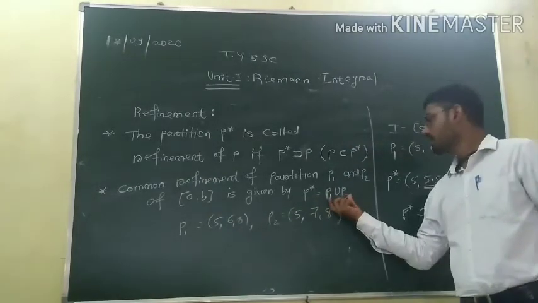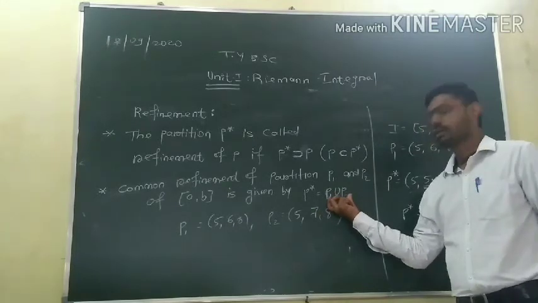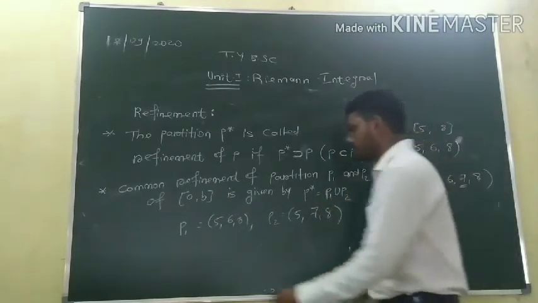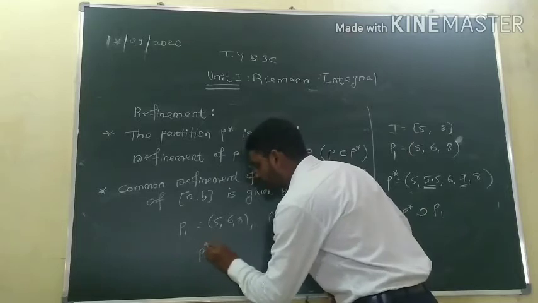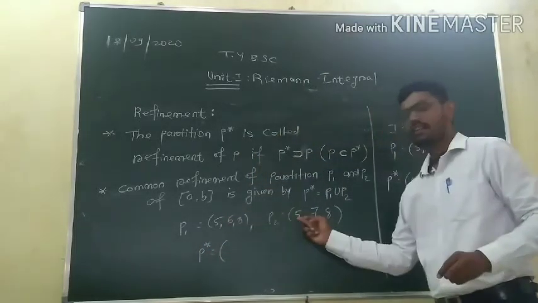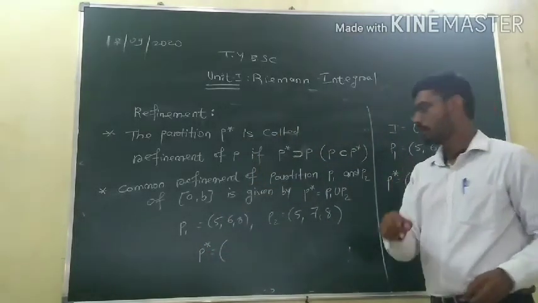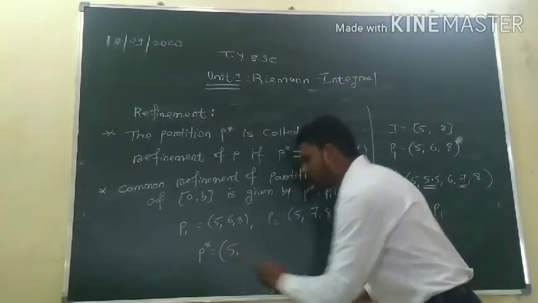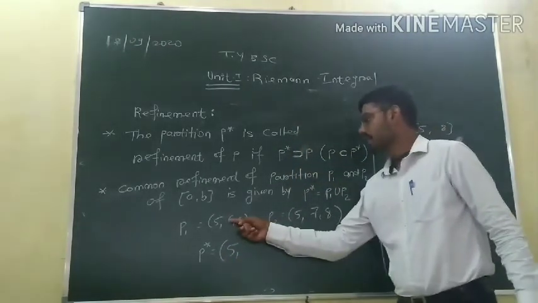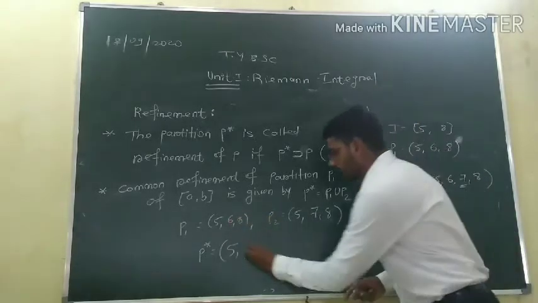Just take the union of the two partitions. So now P star becomes: 5 is here, 5 is here, so take 5 only once. So we have taken 5 here, then take 6. Why?